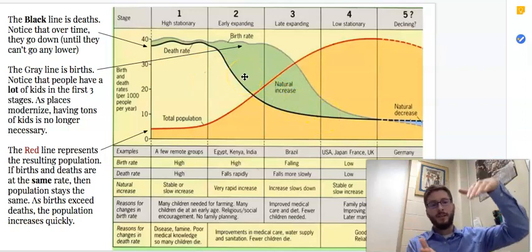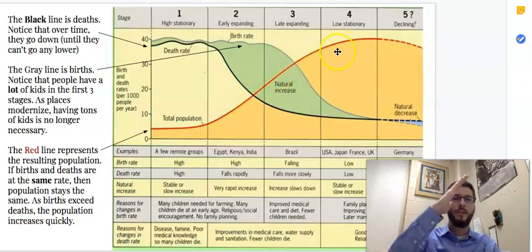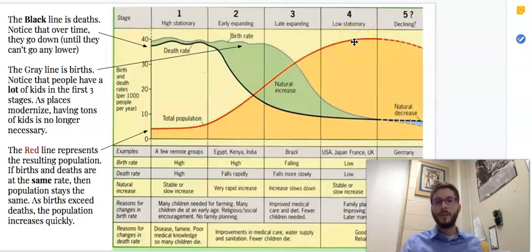So as births and deaths both decrease, the rate of population growth also slows down, right? It comes to a peak. So for a while it's going, but then it comes to a peak as people stop having so many babies. And that's just kind of how that works. All right. So let's go through these stages specifically now, one at a time.